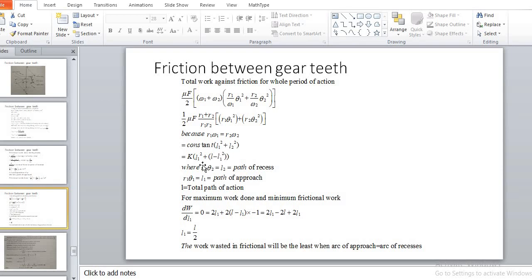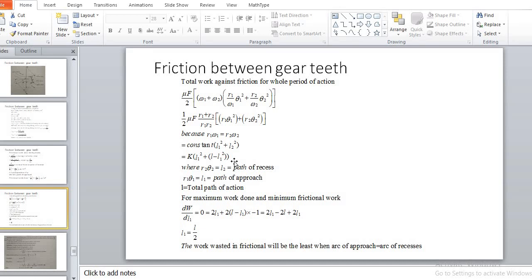After simplification we get the equation K into L1 squared plus (L minus L1) squared. This is the total work done against friction.